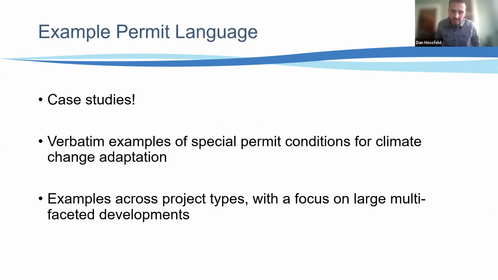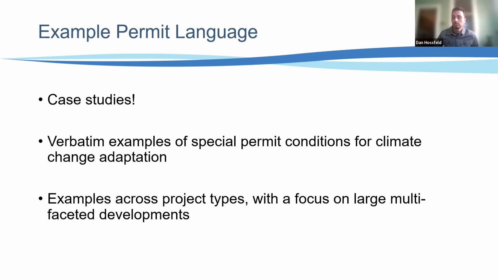So, more case studies. Section 3 in the guidance is all example permit language from past permits. It's an entire chapter devoted to example special conditions that could be used as a basis for future projects of similar scope.